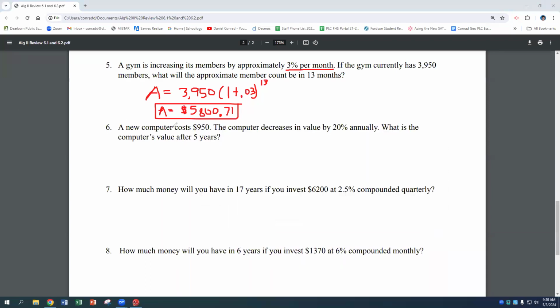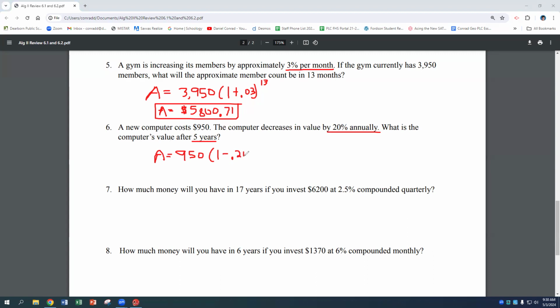Okay, the next one. A new computer costs $950. The computer decreases in value by 20% annually. Okay, what is the computer's value after 5 years? So we're gonna again use the simple one. Right, so I'm gonna start at $950. Okay, I'm gonna do 1 minus, it goes down by 20% each year.